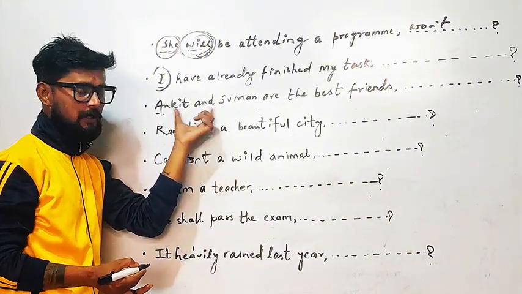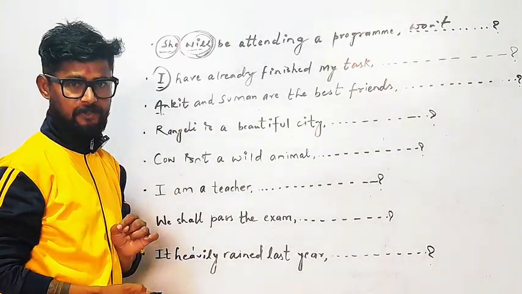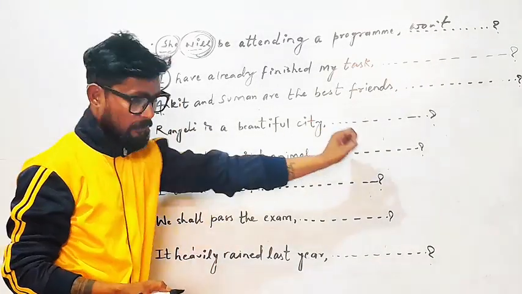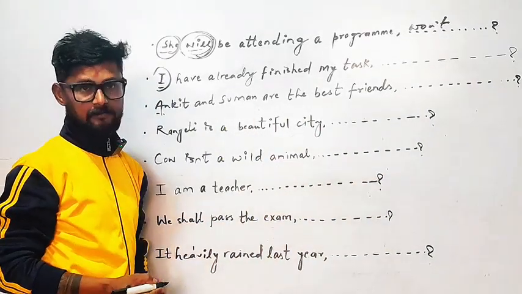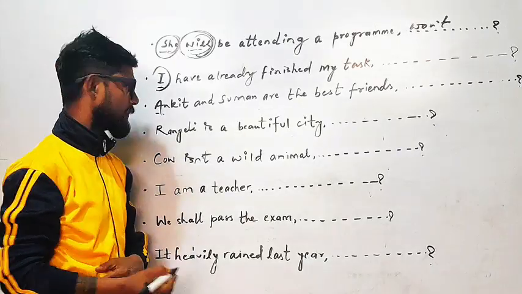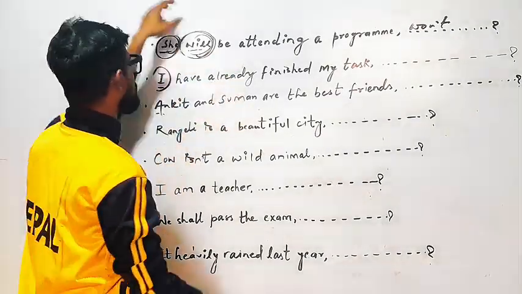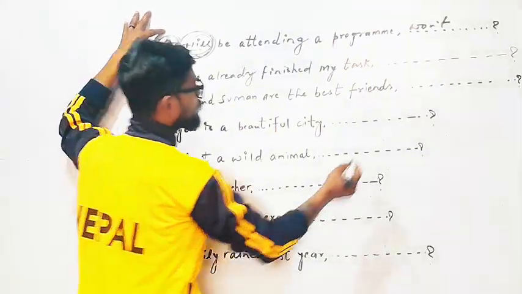Those nouns must be converted into pronouns. Remember that, okay? If we write the noun at the start, that is wrong. So here, what is the subject? She. And what is the pronoun of she? Same, she.